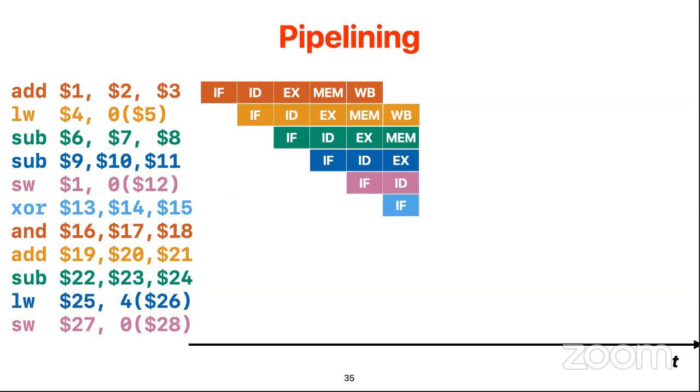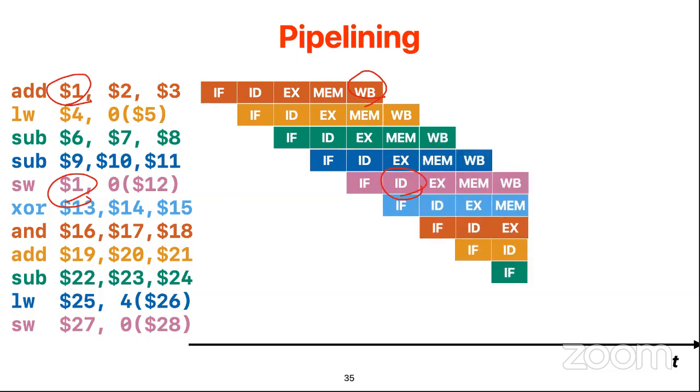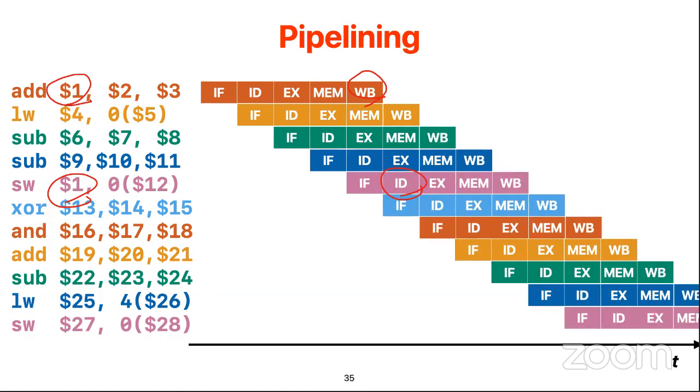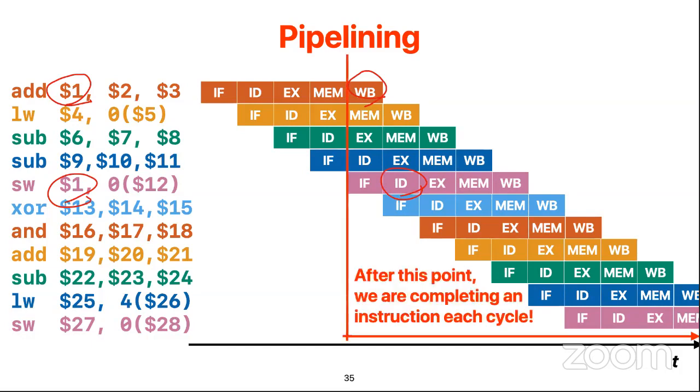In the next cycle, the store word instruction needs to read register 1, and register 1 is already updated by the add in the last cycle, so we can keep going. So if you keep drawing this pipeline diagram, you will figure out that for this piece of code, we have successfully achieved a CPI that is very close to 1.